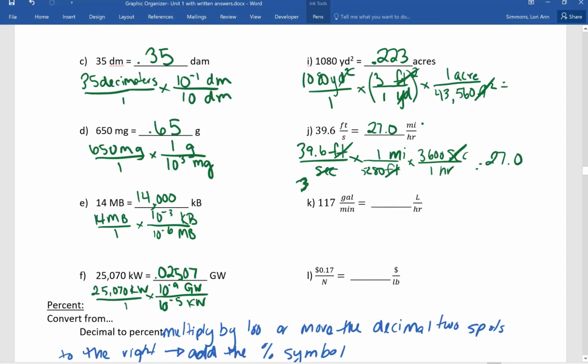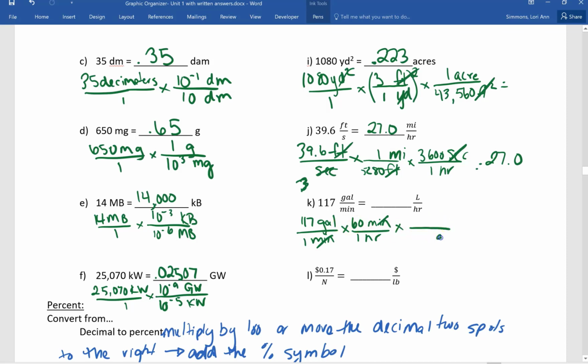K, we have 117 gallons per minute. I'm going to go minutes to hours first. So there's 60 minutes in 1 hour. Minutes cancel. Now we have gallons per hour, but we want liters per hour.